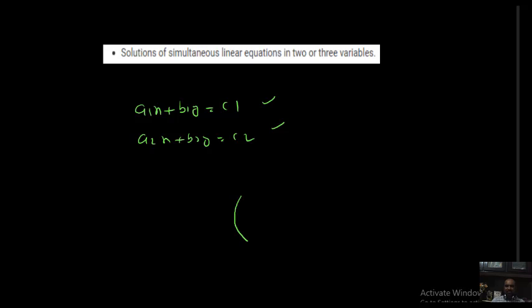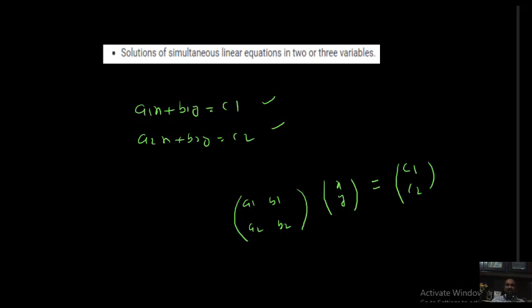Take a matrix: a 2 by 2 matrix obtained from the coefficients of these linear equations, a1, b1, a2, b2. Take another matrix with the variables x, y. I will explain why you take it like this. And the constants are taken as another matrix, c1 and c2.